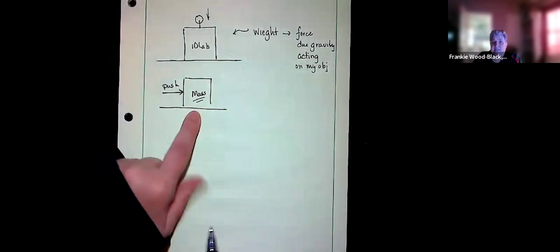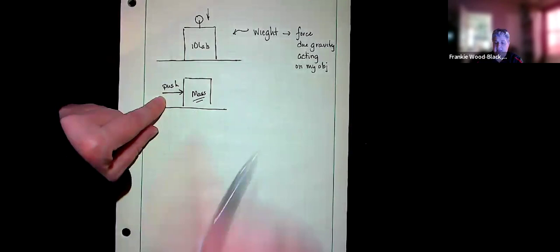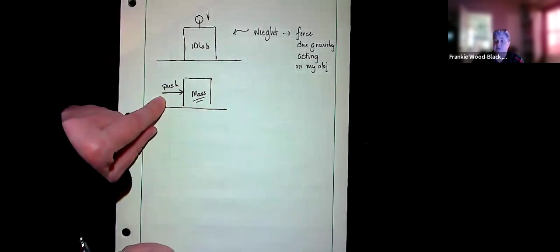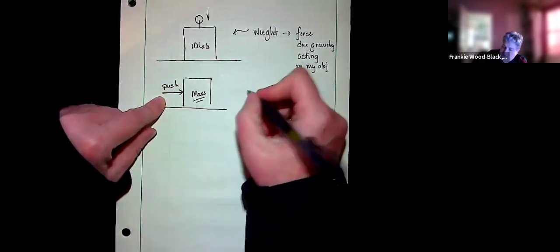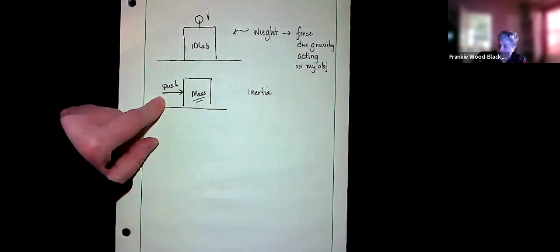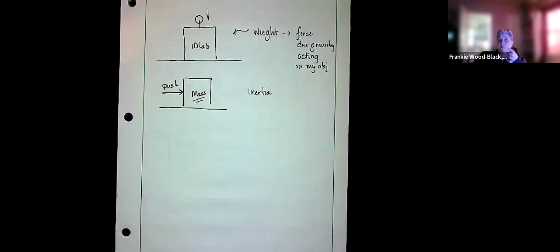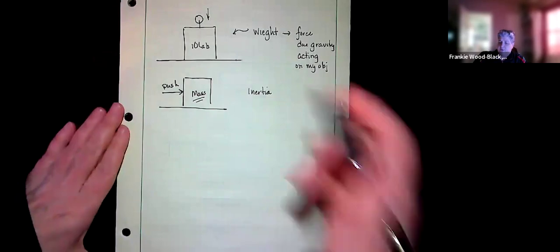And the more mass this has, the more of a push I have to apply in order to get this thing to move. And this gives us this idea of inertia. And so good old Newton talks about this idea of inertia. And inertia is related to mass. And the more stuff or the more mass I have, the bigger the push that I have to do in order to get it moving. That's the thing that I've got to deal with in order to get that thing to move.